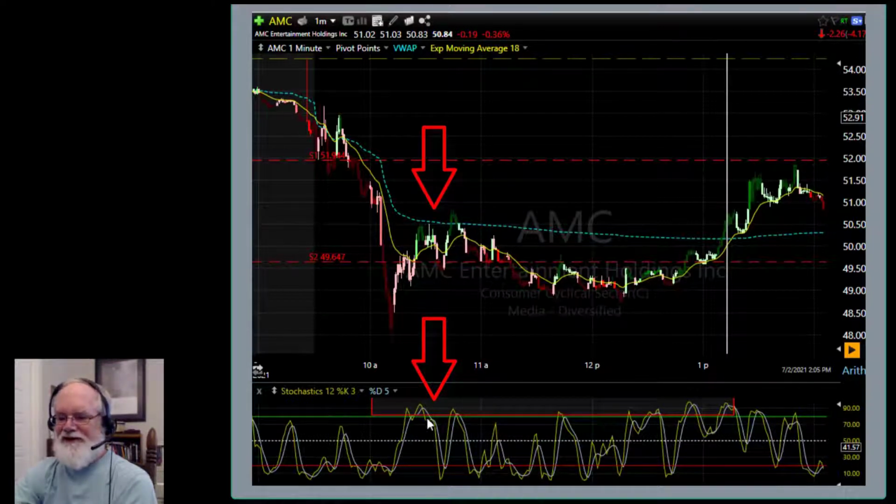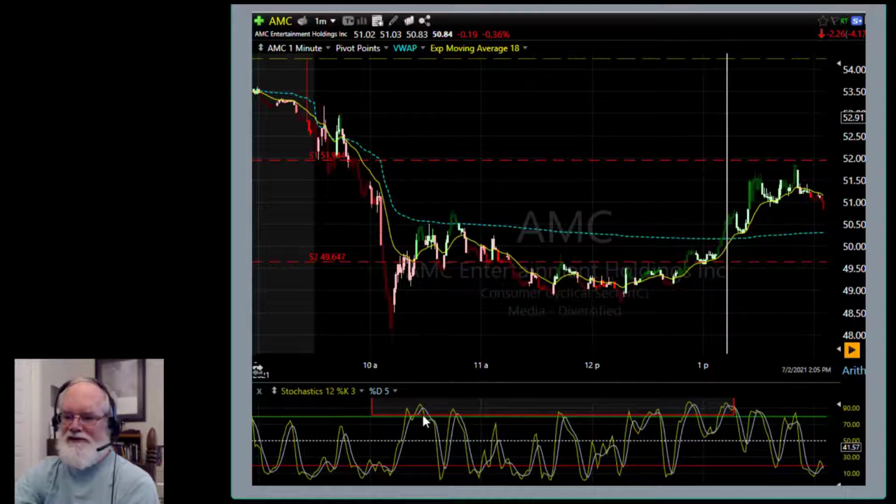So if Stochastics is coming up into a technically overbought area and price is up to an area of overhead resistance, then it's kind of like a whack-a-mole game where price is probably going to get shoved back down at that point of resistance. And we come back up again, whack-a-mole, back down again. That is pretty much true. Every time you get back above 80 here, you can see we get whack-a-mole back down.